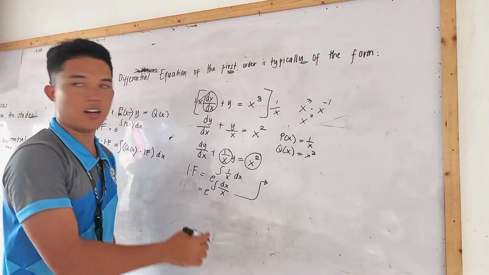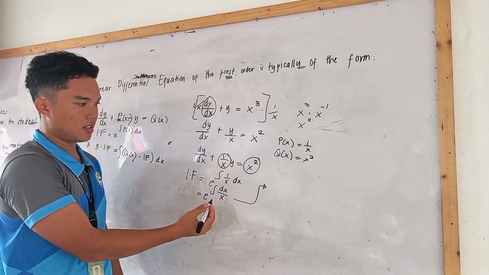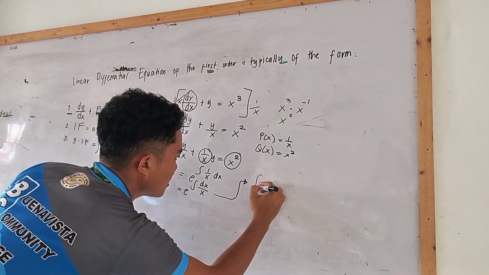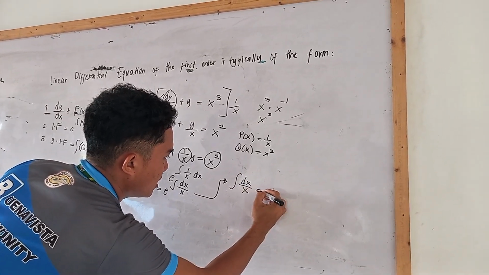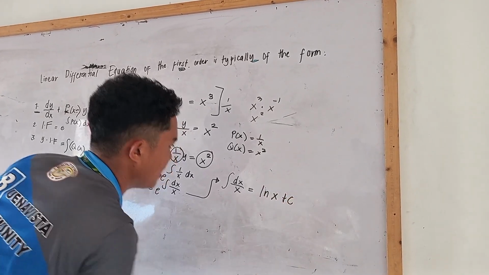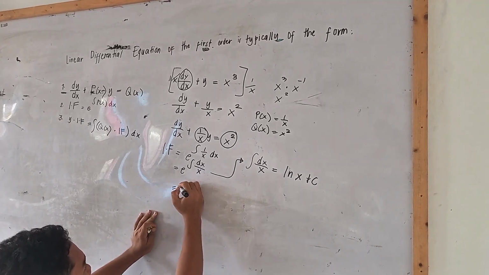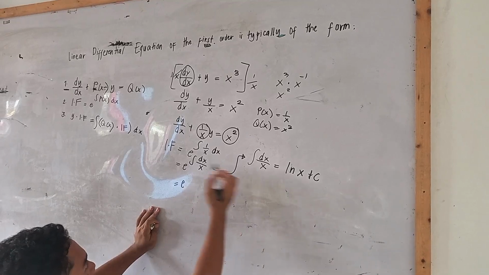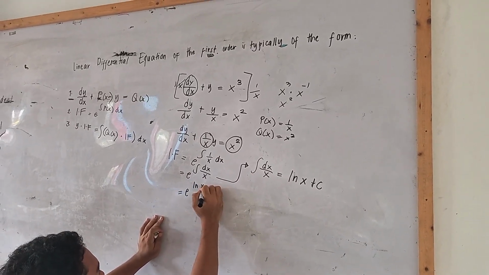So now, recall the standard formula of the integration of dx over x, which is equal to ln x plus c. So now substitute the value. So now cancel the integration. So we have only ln x.